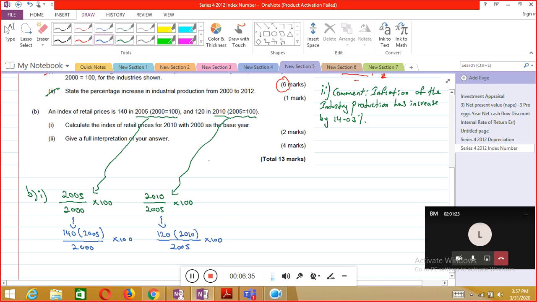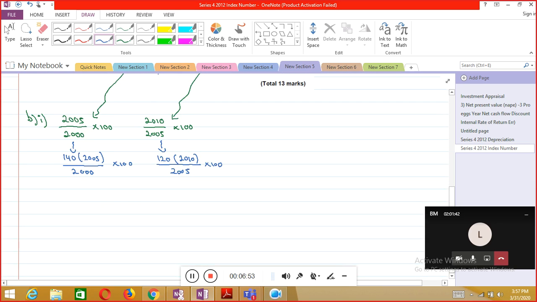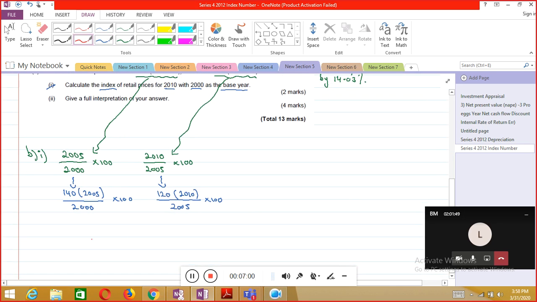So what they want in the required, we already constructed all this information as a formula here. In your B1, calculate the index of retail price 2010 with 2000 as the base. So very simple, they want you to calculate index 2010 over 2000 times 100.